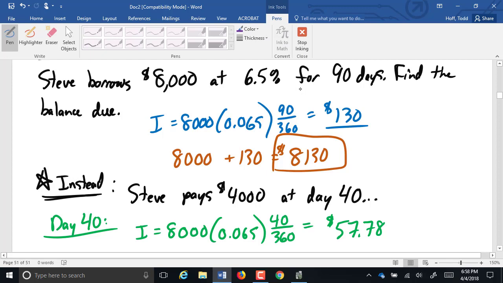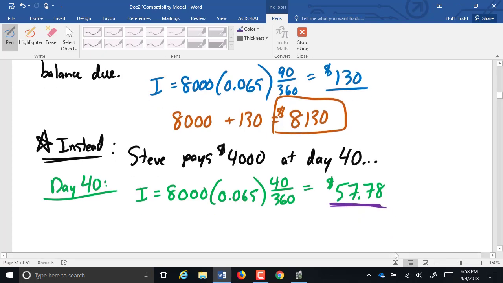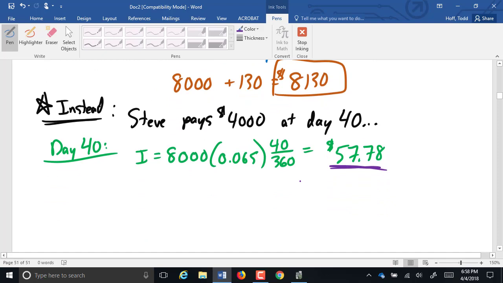Now, the way the book does this is it subtracts that out of the payment, and you can do it that way. It comes out the same mathematically. It subtracts that out of the payment, and then what's left of the payment gets applied to the principal. But technically, what is happening is before that payment gets applied to the loan, that interest is being added in.